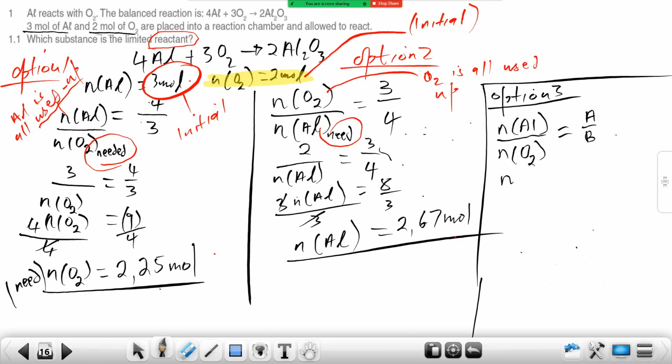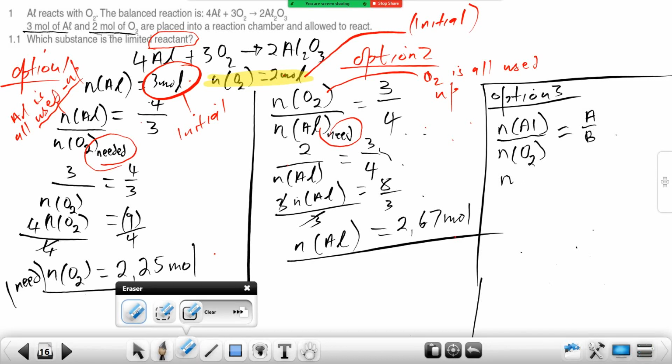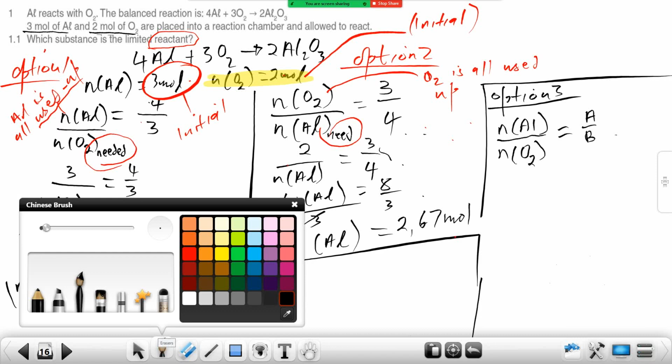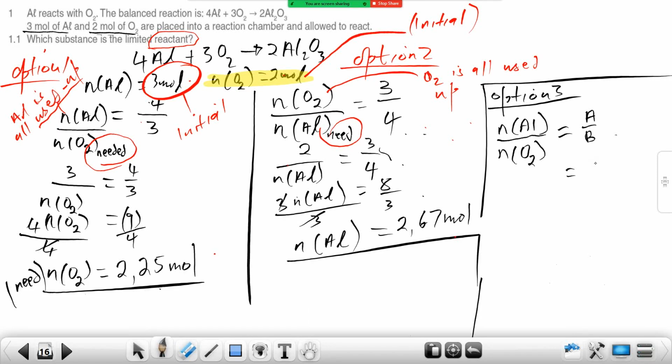Then you further move on and after A over B, I said it's equal to 4 over 3. So that's the coefficients.